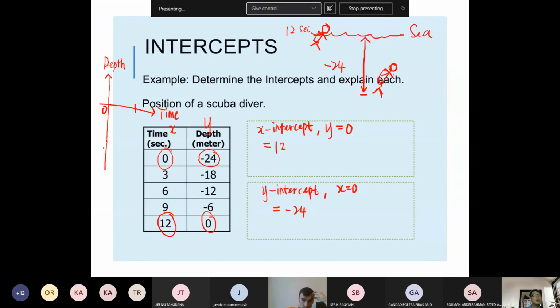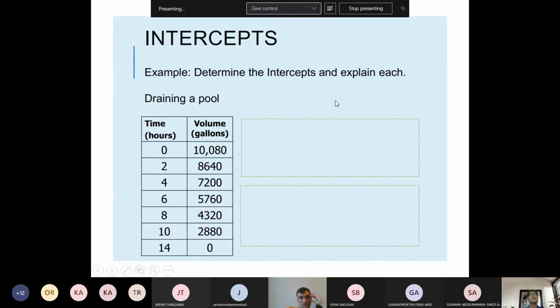So it will be here, negative 24. This is the y-intercept. Now, do you have any question to raise for this discussion? No. Okay, good.